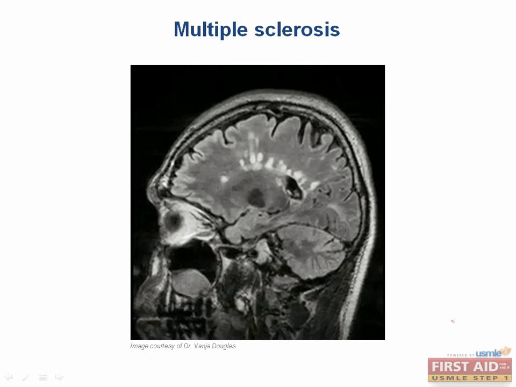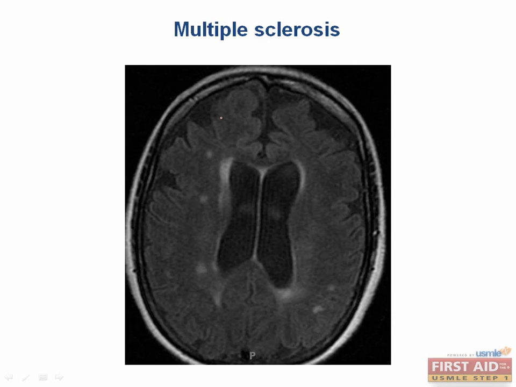Here in this MRI, you can see that there are plaques in the cerebral hemisphere as well as around the ventricles. And this is your gold standard for diagnosing MS. Here's another view of those lesions on a FLAIR scan. Now, the diagnosis is established based on your clinical symptoms as well as these MRI findings that I just showed you.